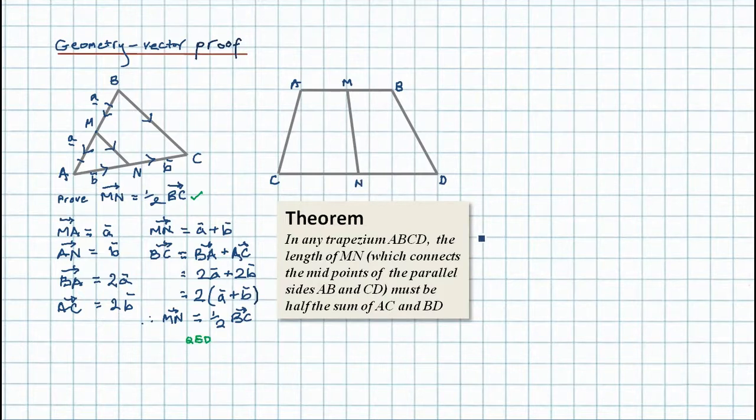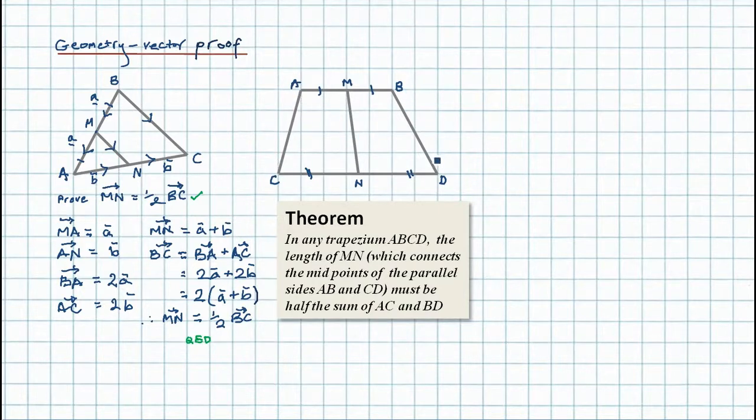And what does the theorem say? The length of MN, so this central line here, connects the midpoints of the parallel sides AB, CD, so that's right. So in other words, these must be equal to that, and that must be equal to that. Okay. Apparently, this line must be half the sum of AC and BD. So it's these two outsides.